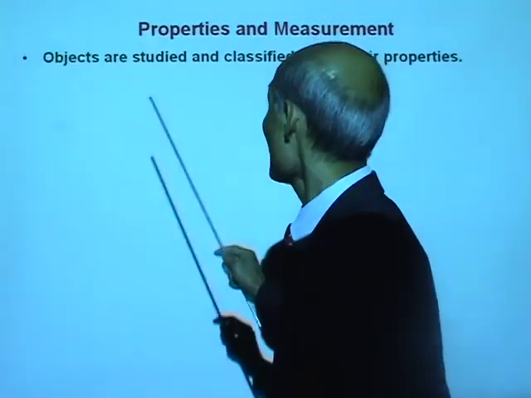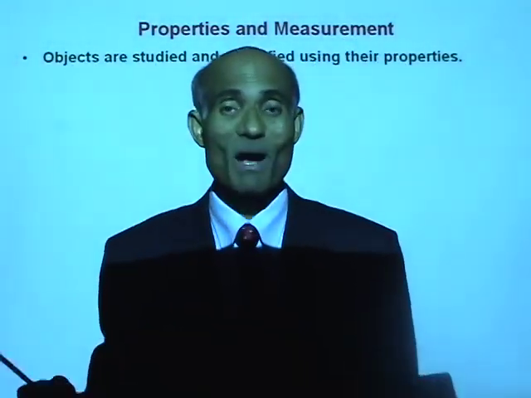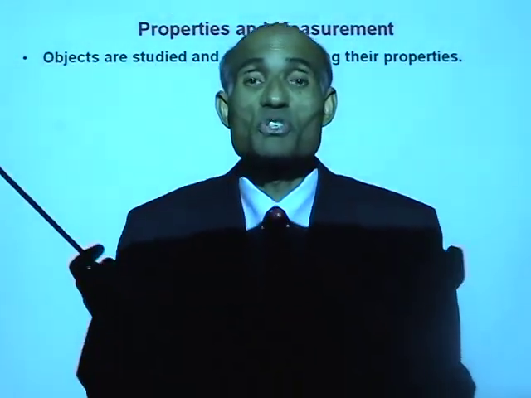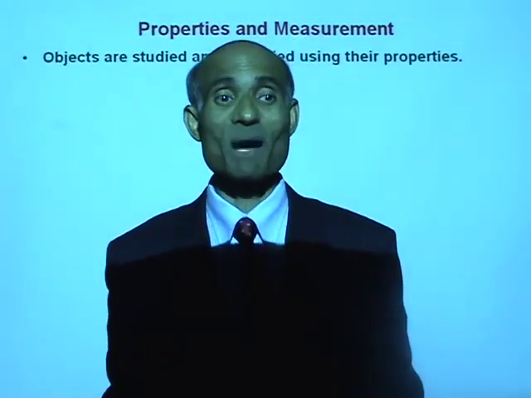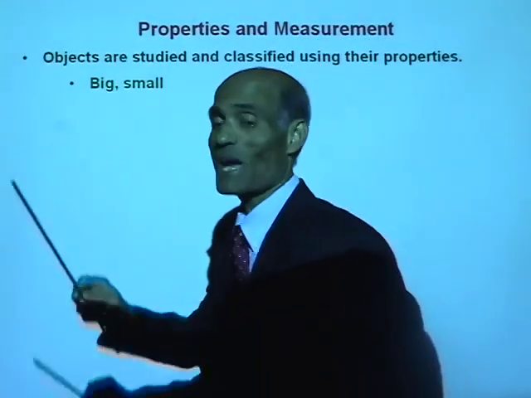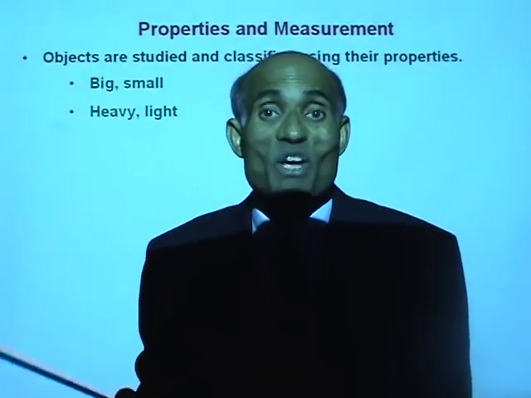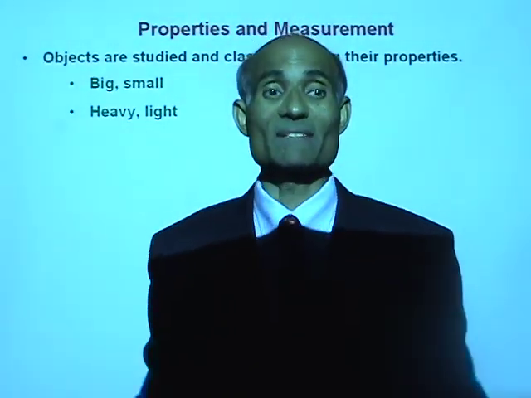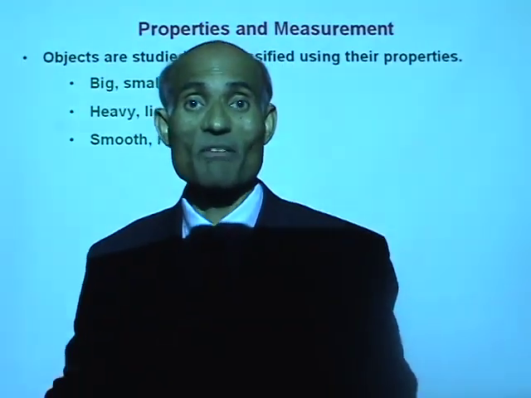Now, objects are studied and classified using their properties. Very often it is useful to classify objects using their properties. What kind of properties? Objects can be big or small. Objects can be heavy or light. Objects can be smooth or rough.